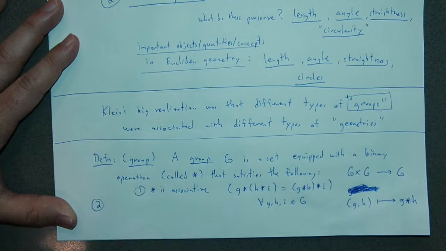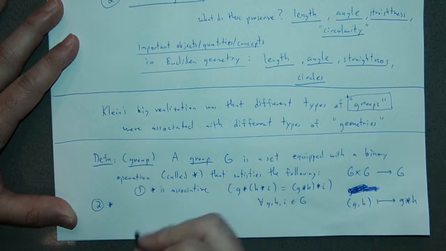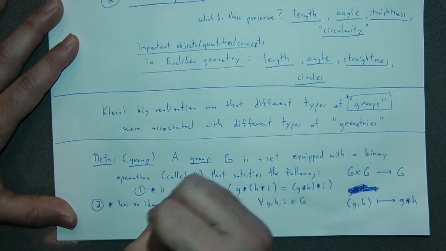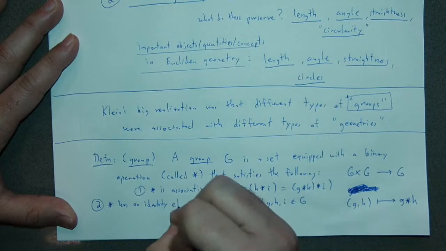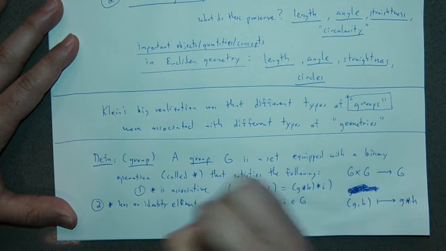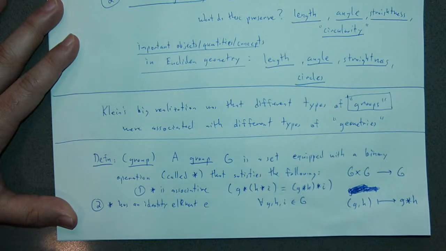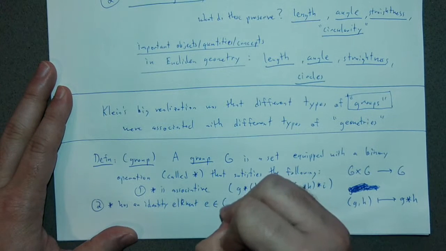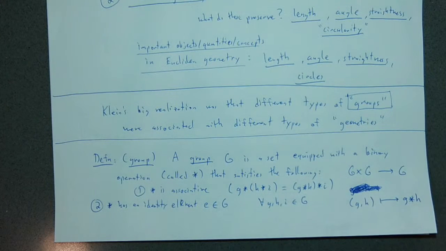Okay, second, star has an identity element that we'll call E. And this E has to be in G. It can't have an identity element where the identity element doesn't belong to G. That's no good.